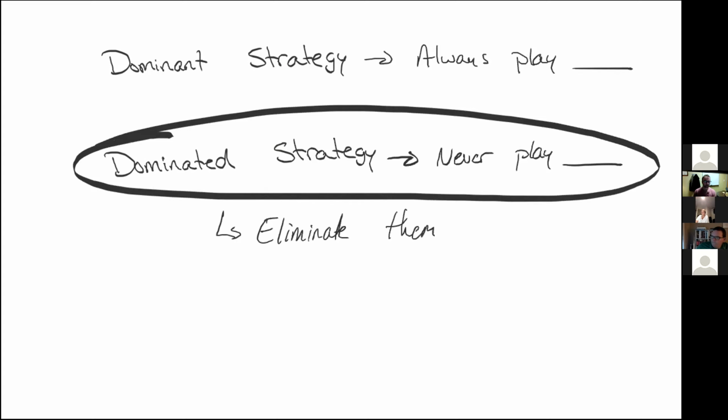Okay, so let's say we had something a little more complicated. Let's call it player 1 and player 2, and we'll do generic stuff, up and down, and then we could play left, middle, and right.